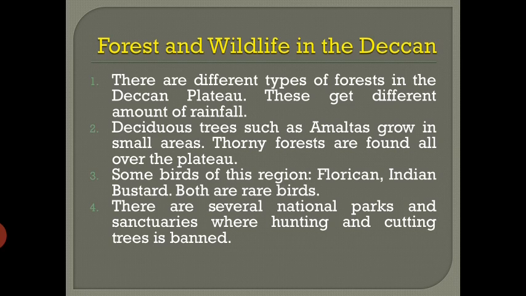Some birds of this region are the Florican and Indian bustard, both are rare birds, and there are several national parks and sanctuaries where hunting and cutting trees is banned.